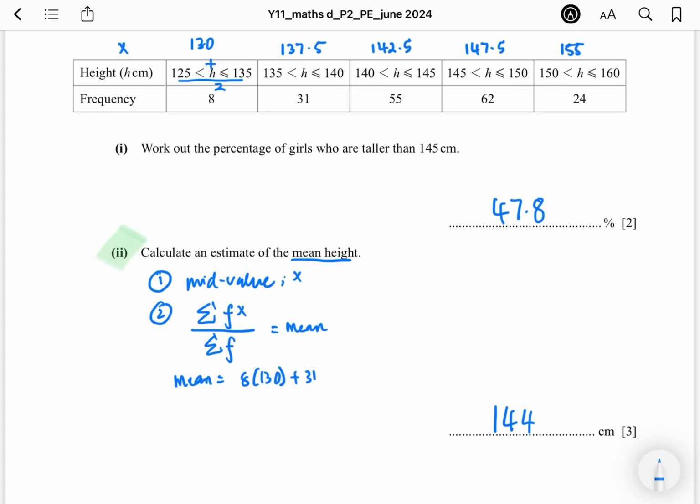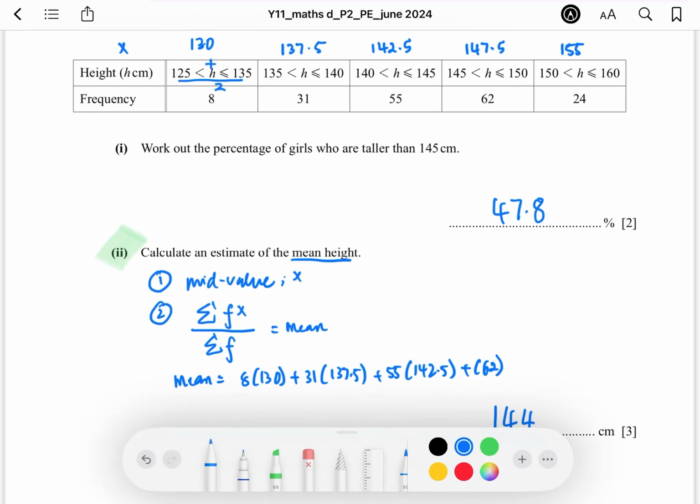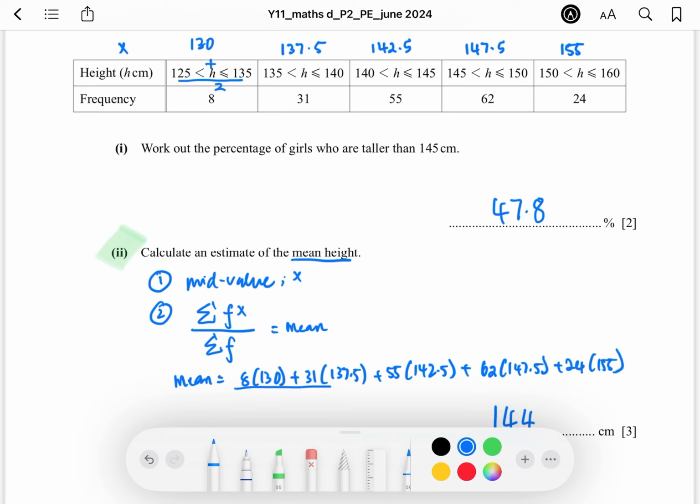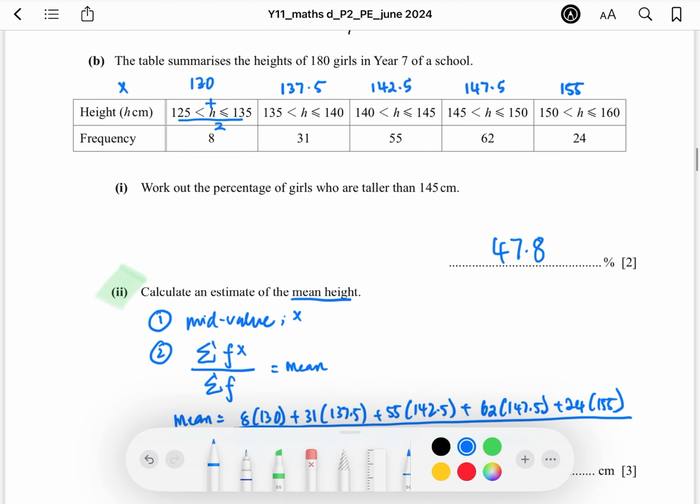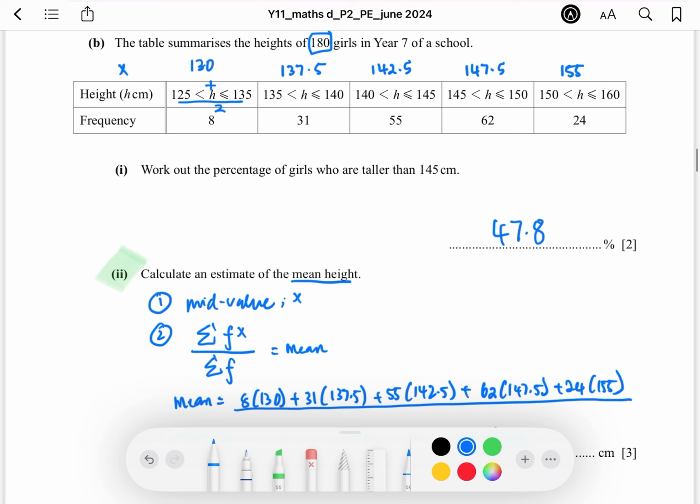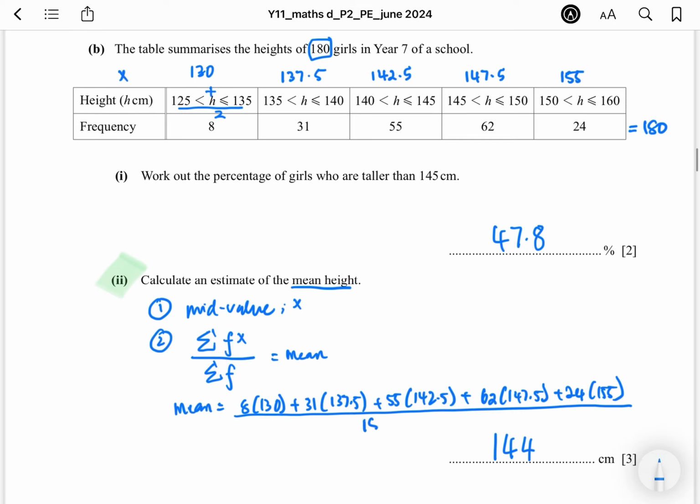You add it with the other classes, and you continue this with the rest of the classes, and divide by the total frequency, which is usually given as 180, or you can add up all of these, and it should equal 180.